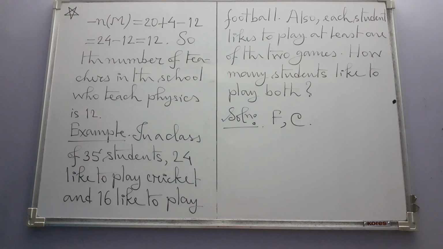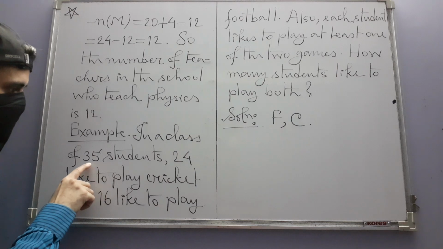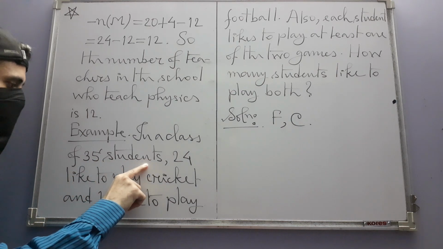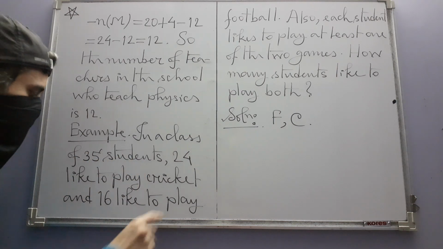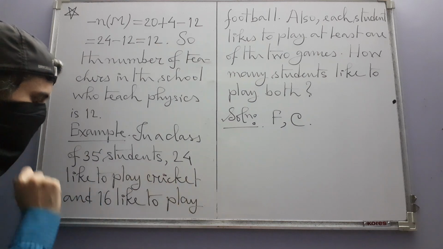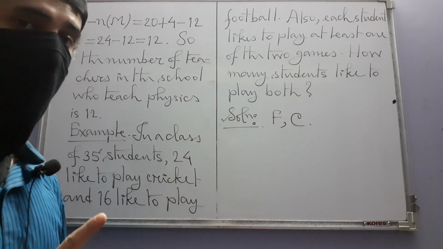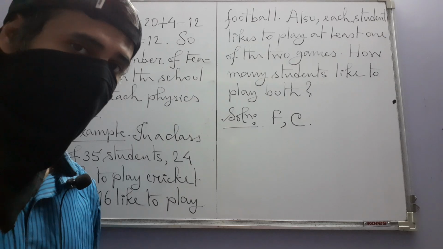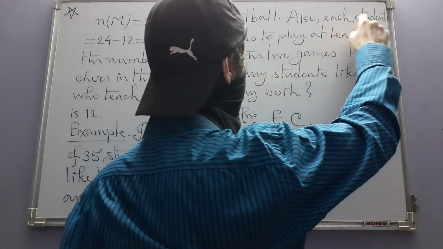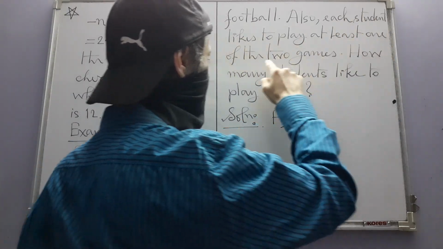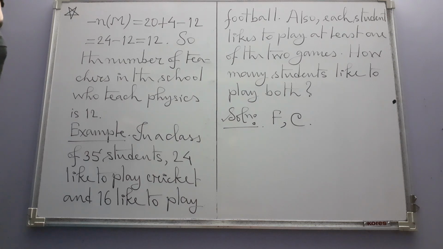All right. Now, it is given that the total number of students is 35. 24 of them like to play cricket and 16 like to play football. And another very crucial piece of information is also given: each student likes to play at least one of the two games.